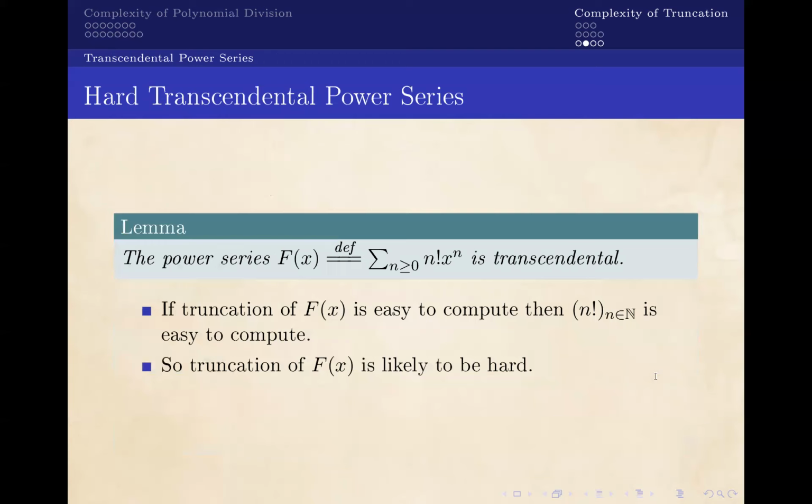And then there are natural candidates for hard transcendental power series also. For example, if you look at this transcendental power series, then if we could compute truncations of this easily, then n factorial would also be easy to compute, and that would imply that integer factorization is easy. So we expect that the truncations of this transcendental power series should be hard to compute.